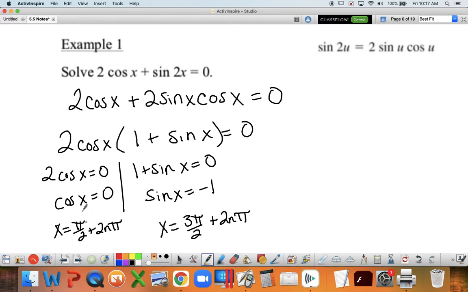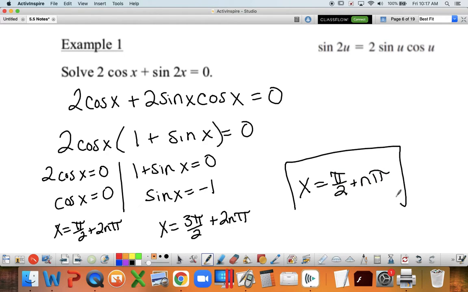Now notice I didn't write down the 3 pi over 2 because it's already covered by this solution. So we can generalize these two together. If you wrote this on your homework, it would be 100% correct. But another way to write this is just pi over 2 plus n pi, and that covers all of the solutions for both the cosine and the sine solutions.